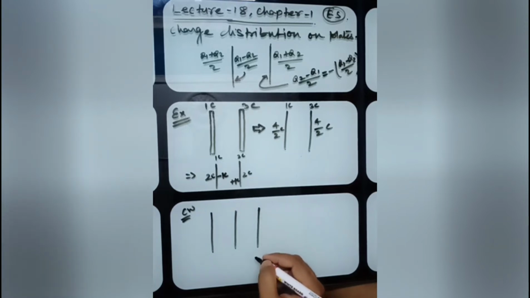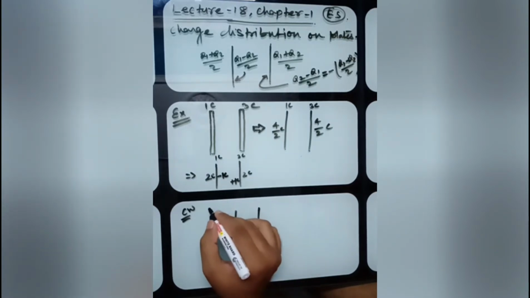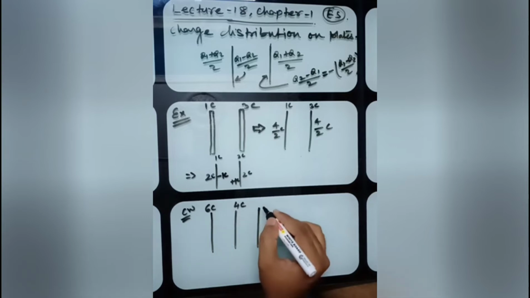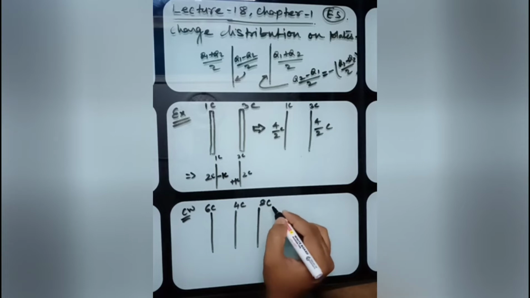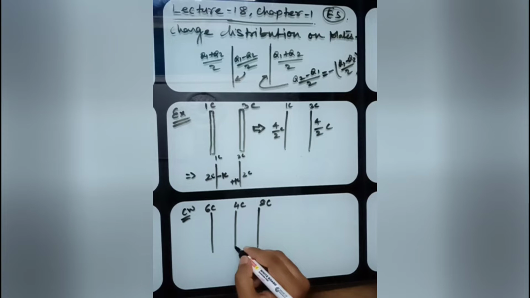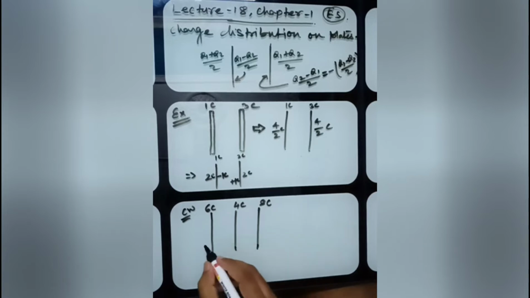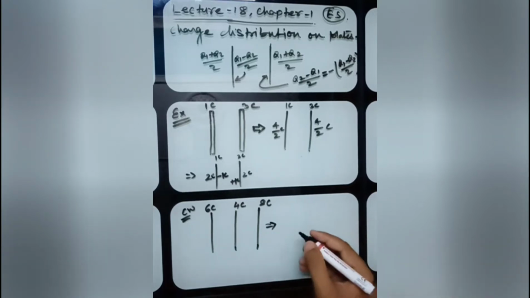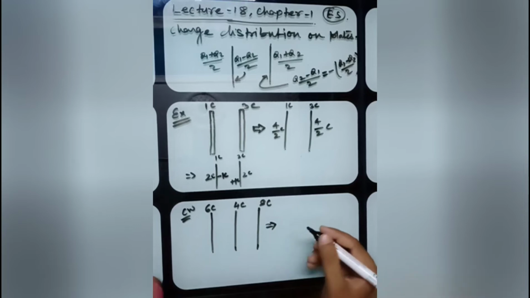Suppose 6 coulomb, 4 coulomb, and 8 coulomb, so that calculation will be easy. Now try to represent distribute charge on each faces of the plates. Okay, my dear student, now I am solving. If you can solve, pause the video and try to solve.